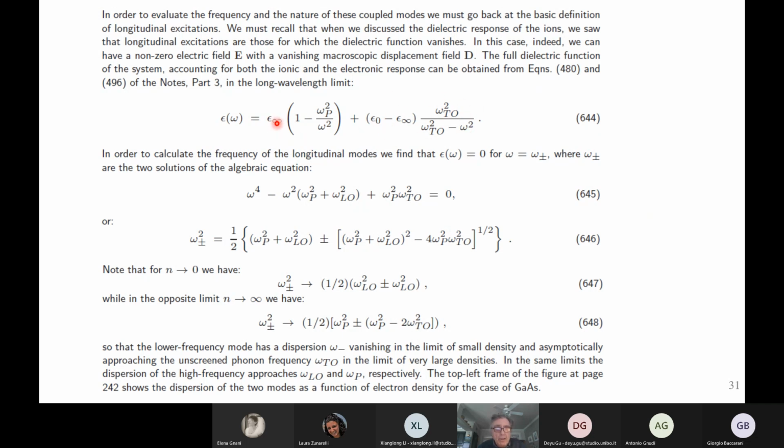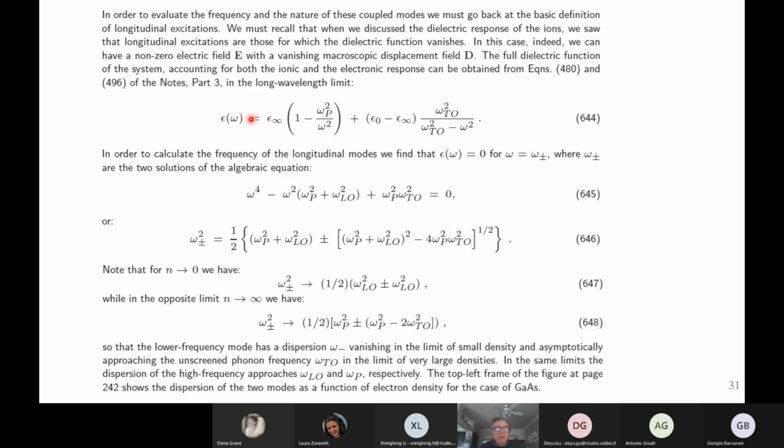But now the epsilon infinity is modulated by the plasma response. So this, if you want, is the polarization of the plasmons, the epsilon infinity times this. The 1 is just the response of the valence electrons. And then you have the polarization of the optical phonons, which is given by this term.